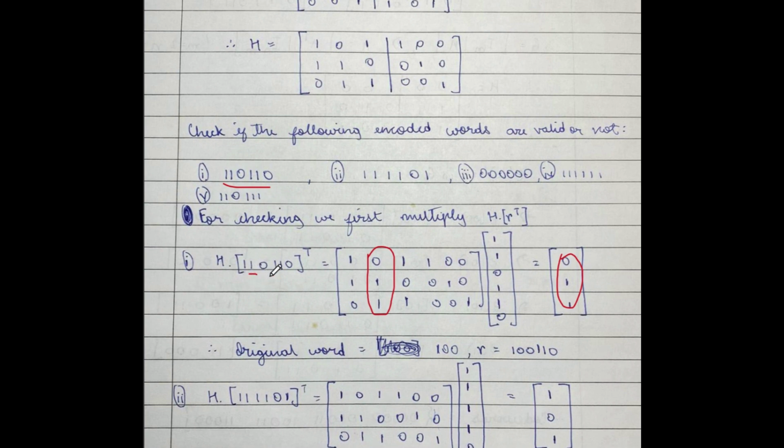Now the first 3 digits of the encoded word denote the original message. So after changing, the original word becomes 100, and the encoded word becomes 100110, which would have been right in the first place, as 110110 is not right. The correct answer would be 100110.